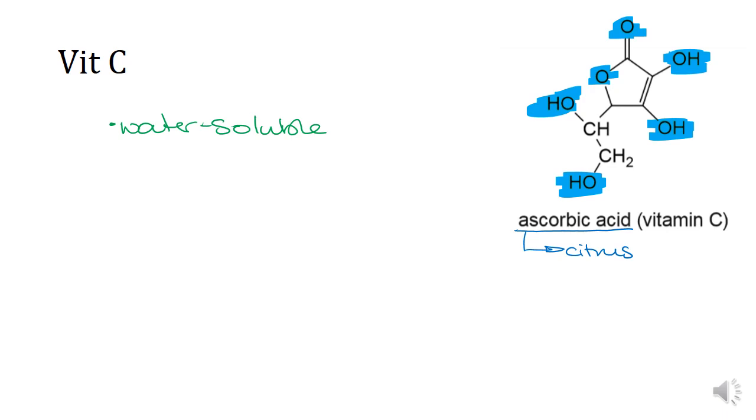So vitamin C is water soluble, and the deficiency disease for vitamin C was actually identified well before we knew anything about the chemical structure of this thing. So the deficiency disease for vitamin C is called scurvy.